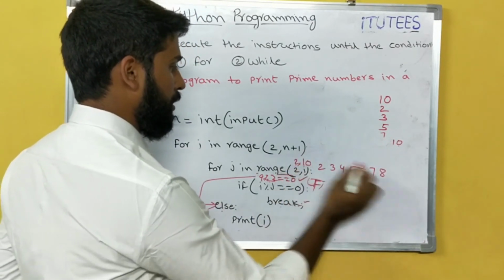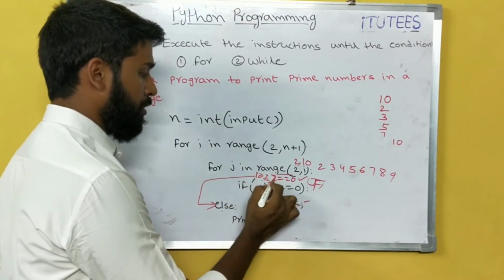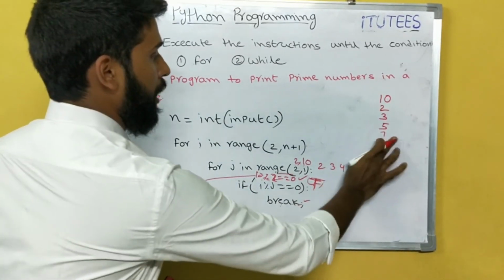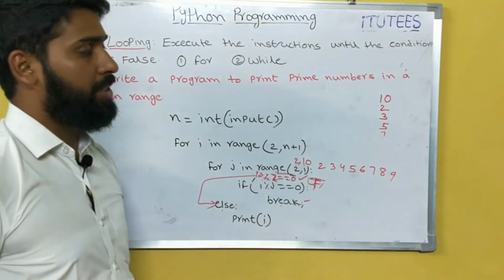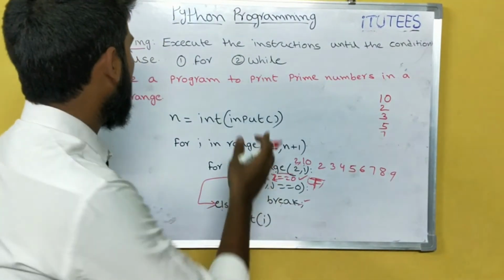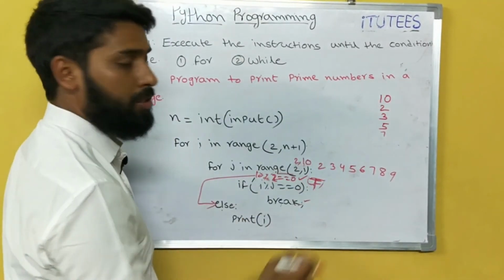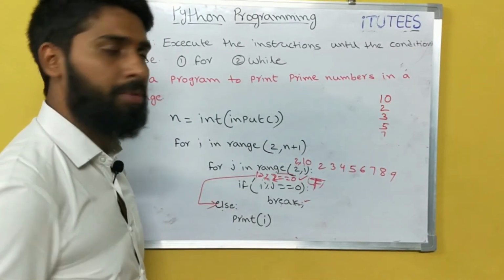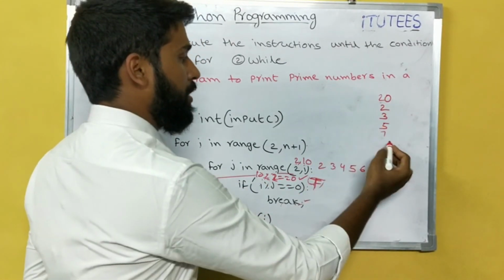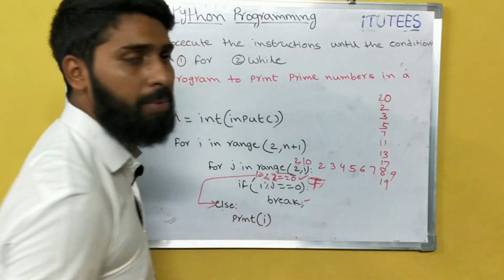Range 2 comma 10. 10 % 2 equals 0. It is true and break. That means for the number 10, the prime numbers are 2, 3, 5, 7. So this is the program to print prime numbers in a given range. Here the range is 10, so below 10 these are the only prime numbers. If you give 20, the same algorithm prints 2, 3, 5, 7, 11, 13, 17, 19.